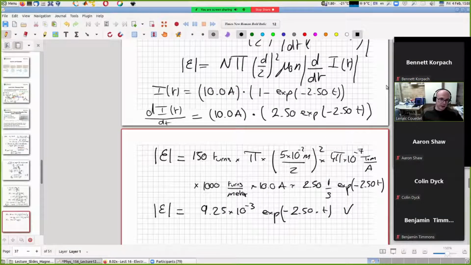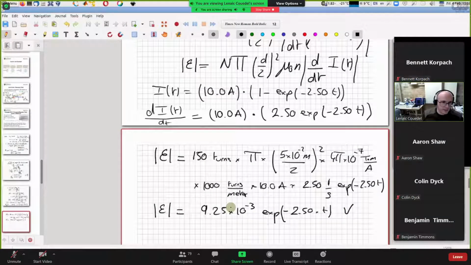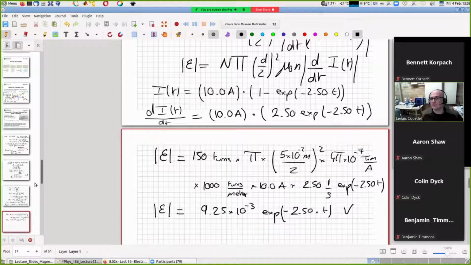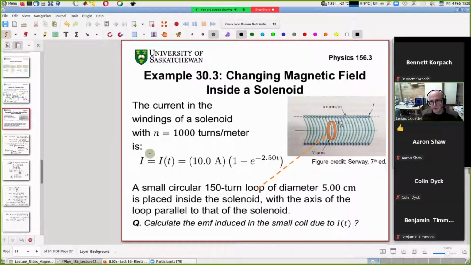Does this calculation make sense for everyone? Are the steps clear for everyone? Okay, so I repeat, when you have such a problem, you have the parameters of the solenoid, the current going through it.